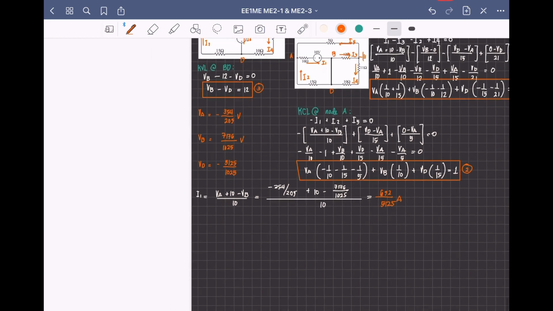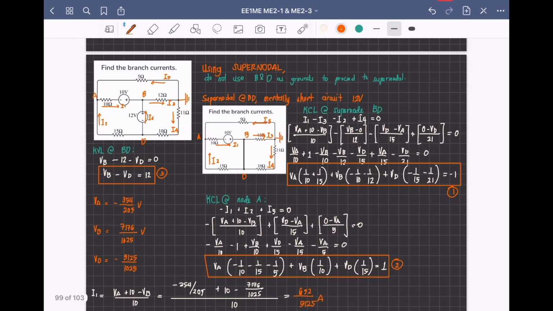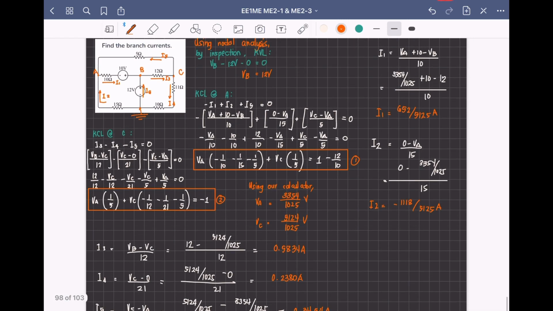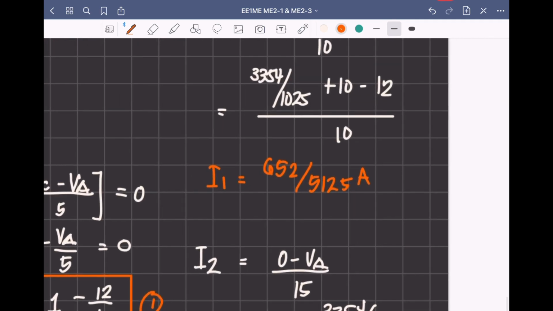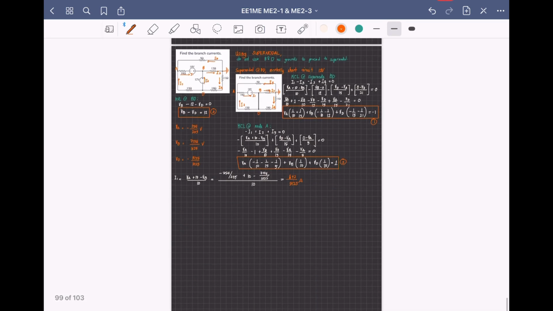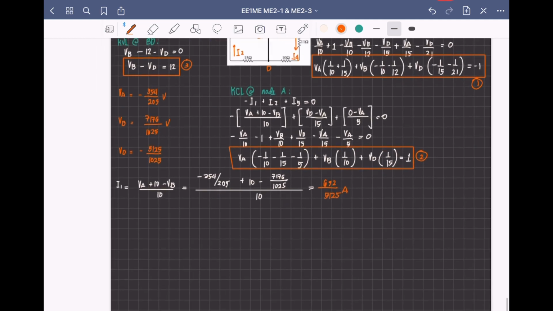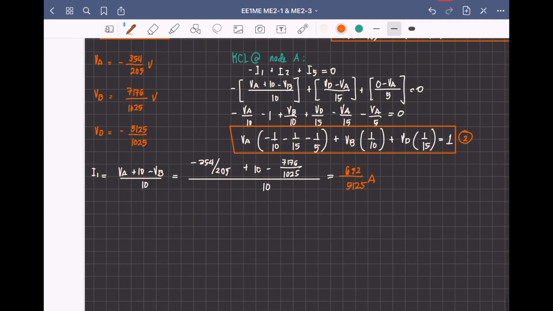And this I1 na ito din yung I1 natin doon sa nodal analysis natin, which is also 652 all over 5125. So, doon nyo i-compare yung methods nyo kung tama. Doon sa currents na makukuha nyo in every branch. Ano po? Next, you have I2. Okay, I2 is VD minus VA all over 15.